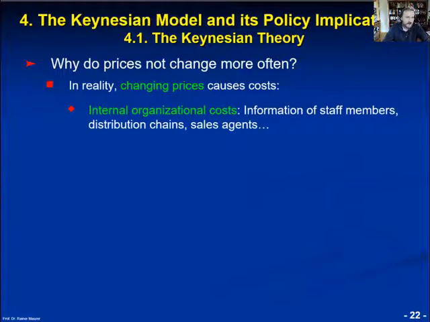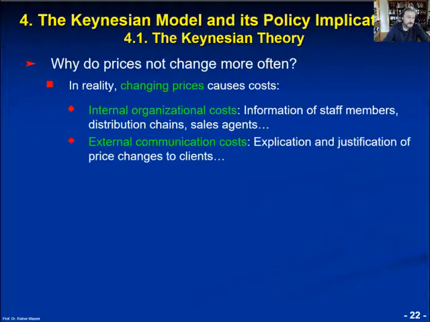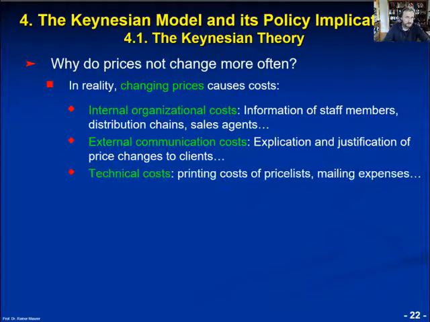For example, there are internal organizational costs, information of staff members, information of distribution chains, of sales agents, and so on. Then there are external communication costs, explication and justification of price changes to clients, which plays a quite important role in some industries.